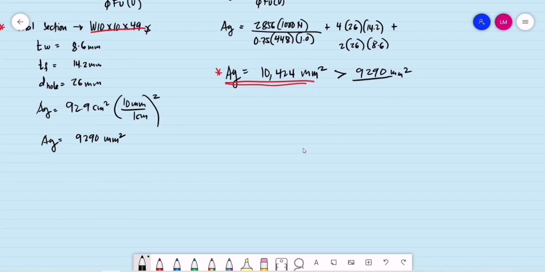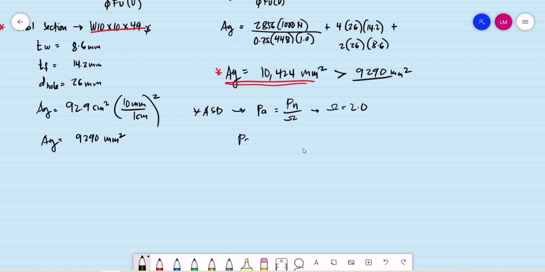But before we proceed to another section, let us check for ASD first. So this is for the ASD. P allowable is P sub n divided by omega, and the value of omega this time under TRS is 2.0.